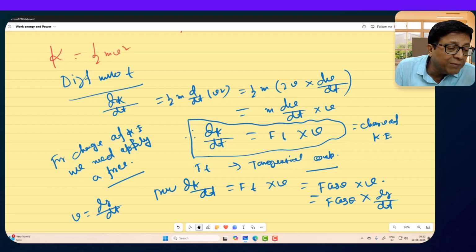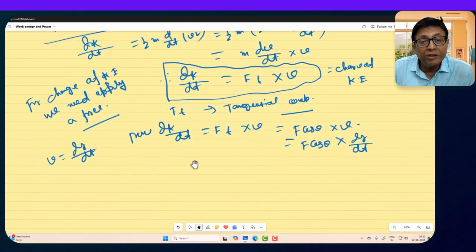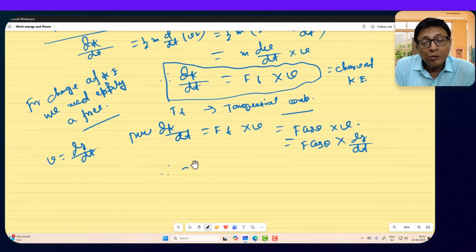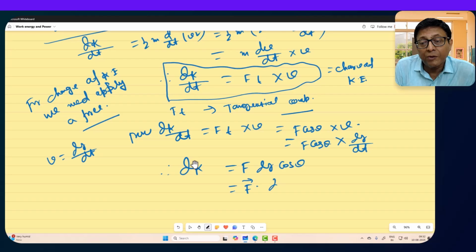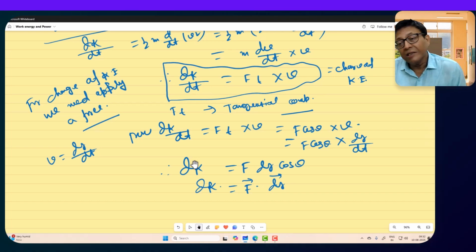So if we remove dt from both sides, we can write dK as F dr cos theta. This can be written as F dot dr. So change of kinetic energy is F dot dr.